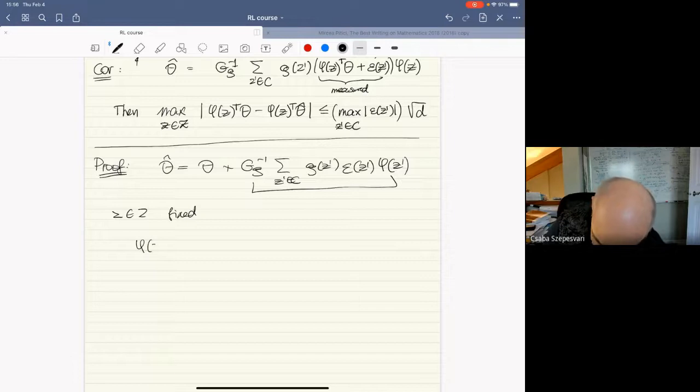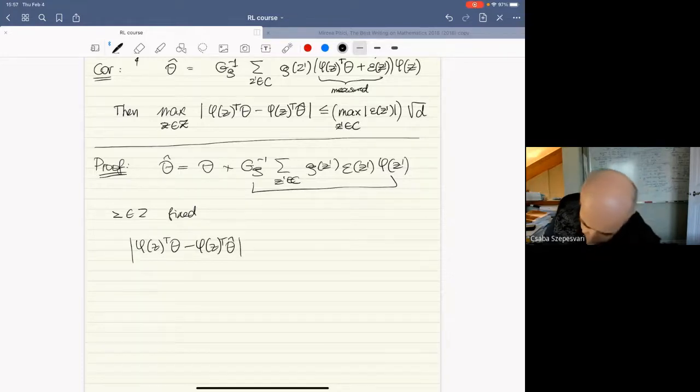Then phi z transpose theta minus phi z transpose theta hat, in absolute value.